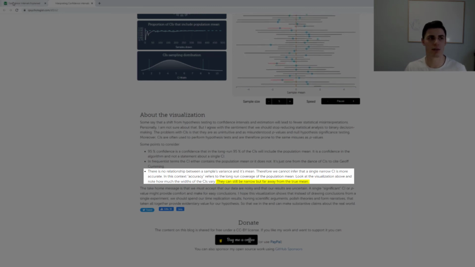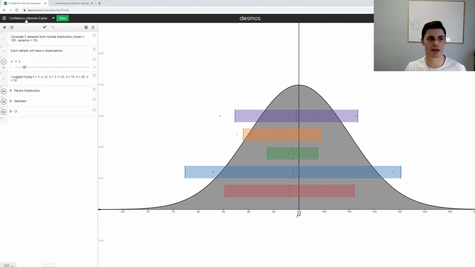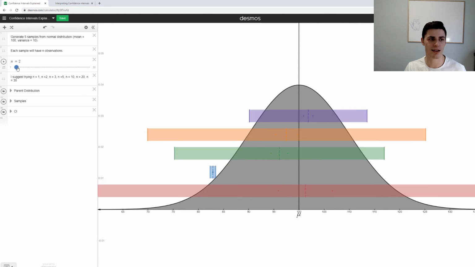To explain this point, we need to go back to the Desmos. When we had 2 observations here, and that could happen with 5 or 10 observations, this interval is the most narrow one. But it's very far from the population mean. So accuracy does not have anything to do with the width of the confidence interval.